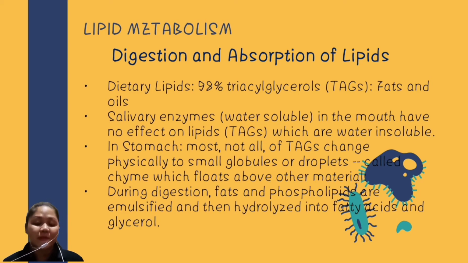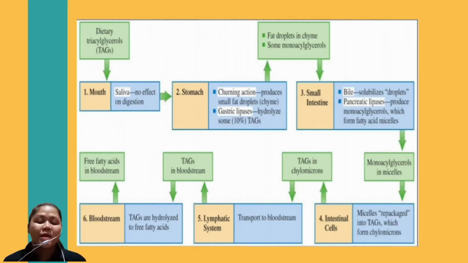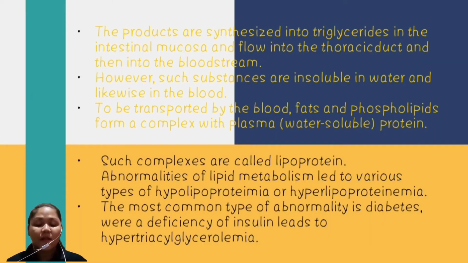Fats and phospholipids are emulsified and then hydrolyzed into fatty acids and glycerols. The products are synthesized into glycerides in the intestinal mucosa and flow into the thoracic duct and then into the bloodstream. So you see, there's a lot of process going on in lipid metabolism.